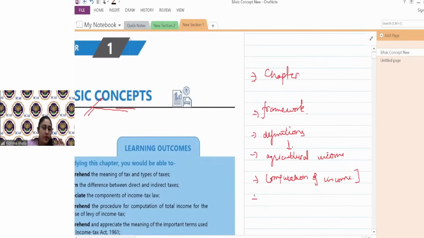Then we will move on to understand the tax rates, both as per section 115BAC, the new scheme, and the old scheme or normal provisions. Since the new scheme is the default, do not worry, we will do it. This would be a primary focus and we will understand the old scheme. Then we will be understanding what is surcharge, what is rebate, what is marginal relief.